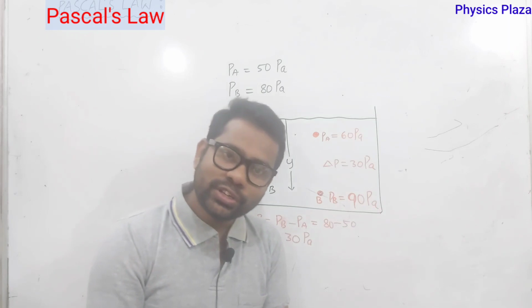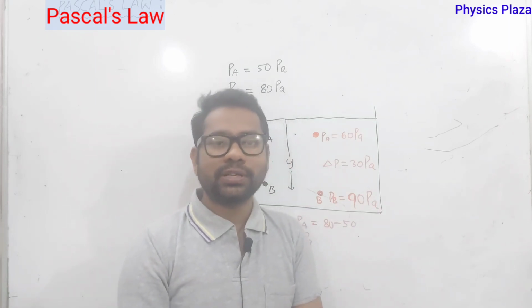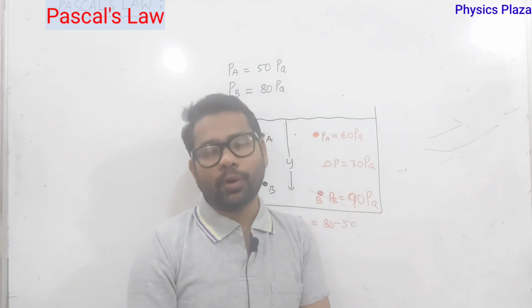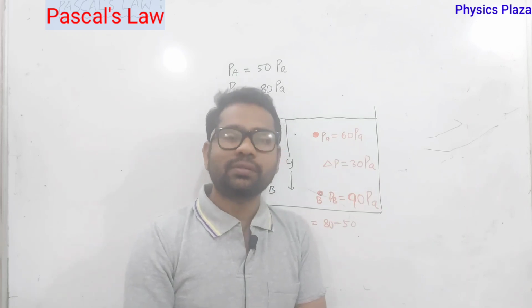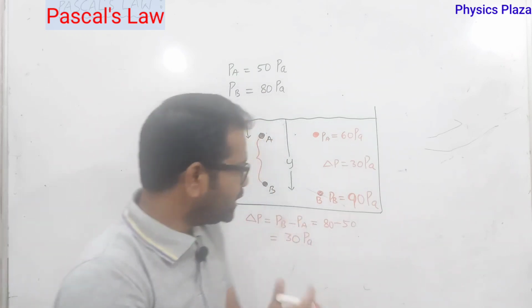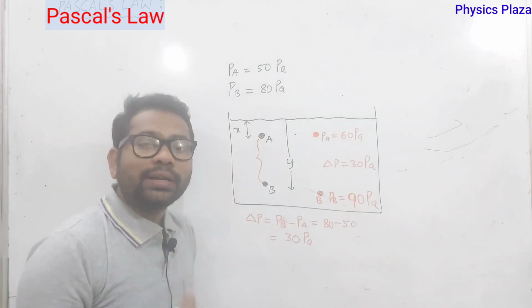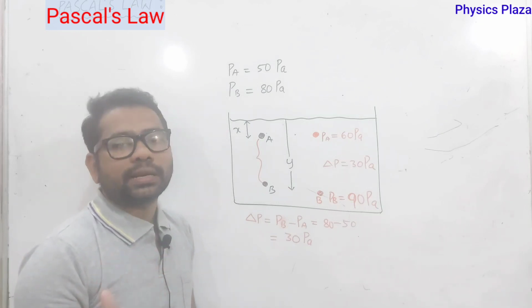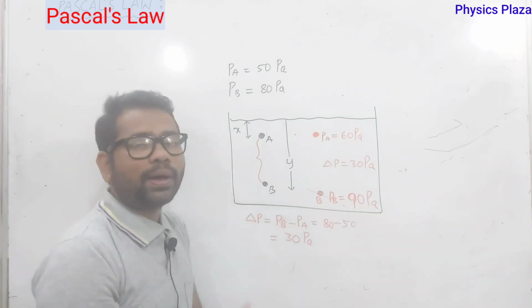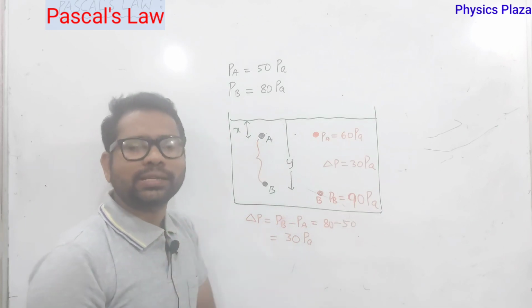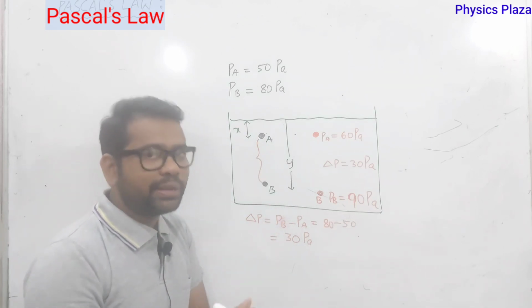Children, in a stationary liquid, the pressure difference between any given 2 points must always remain the same. This is a key point to understand what Pascal's law actually is. Of course, with a different setup we will understand it further. But children, it's very important.